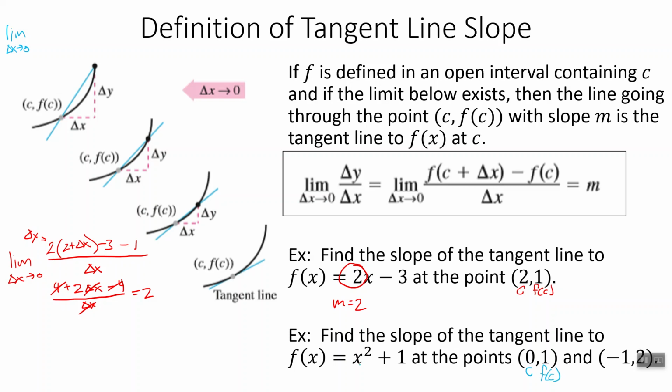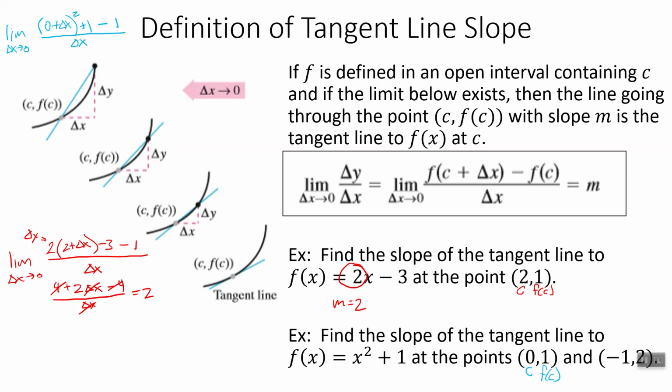We could always find that by plugging in 0 and we would get 1. Our function is x squared, so we plug in 0 plus delta x for our x squared, then plus 1 because that's part of our function, then minus f(c), which is just the 1 we get when we plug in, so minus 1, all over delta x.